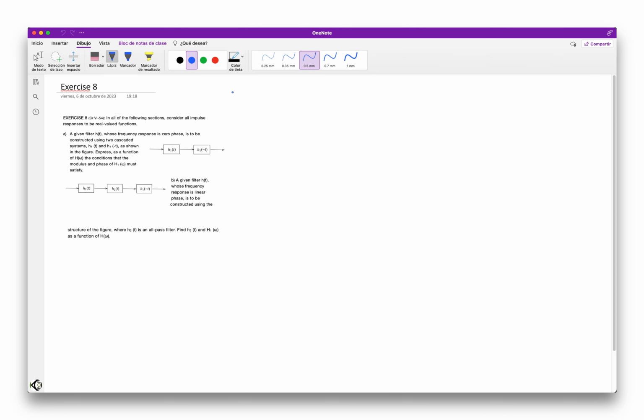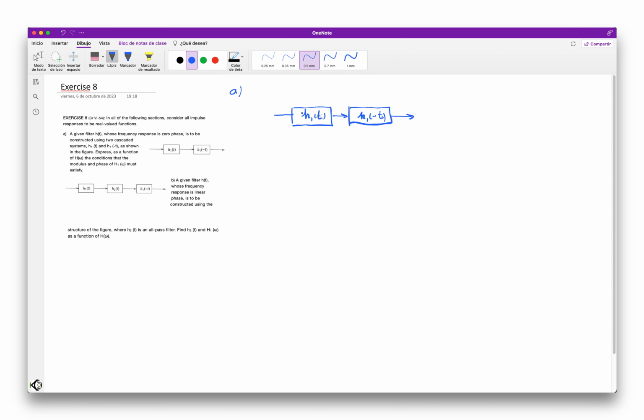In part A, we are given two systems with impulse response h1 of t cascaded with another system, which has an impulse response h1 of minus t.